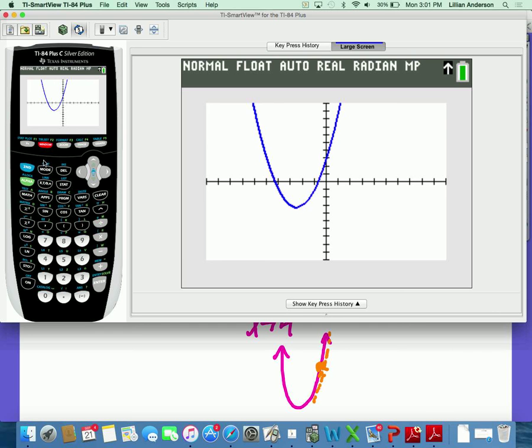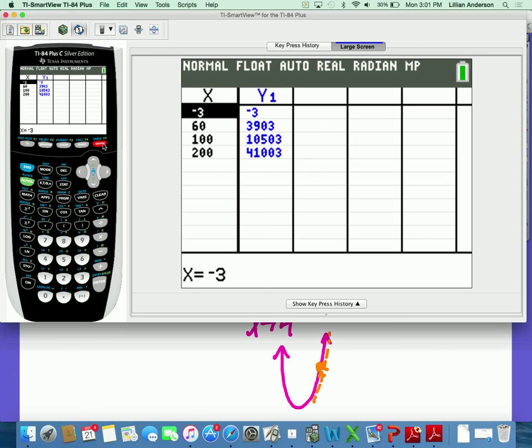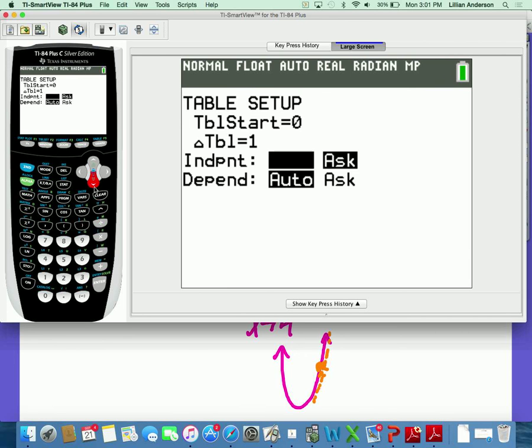But press second graph. And hopefully yours is not like mine. Press second table. Second window. Does yours look like mine? Are both autos highlighted? Do you start at 0? If you don't, go up to it, click 0. Make sure it goes by ones if yours is not like this.